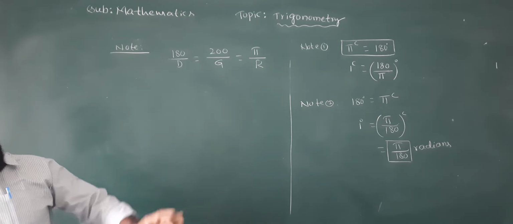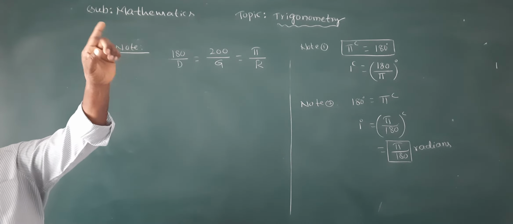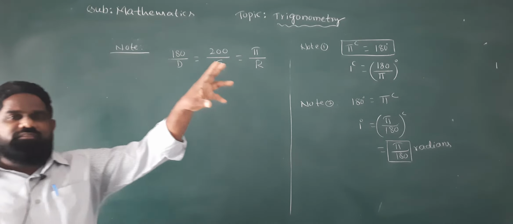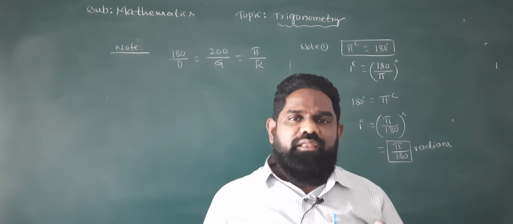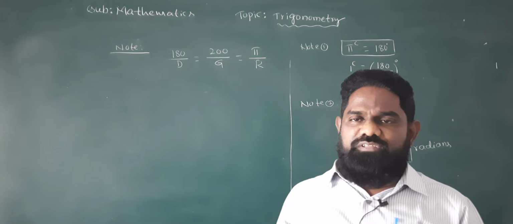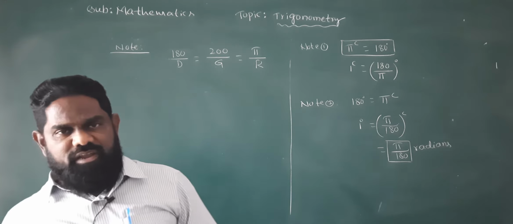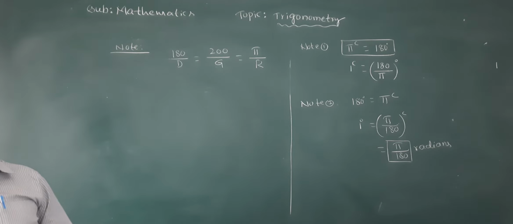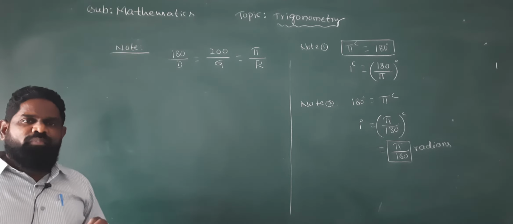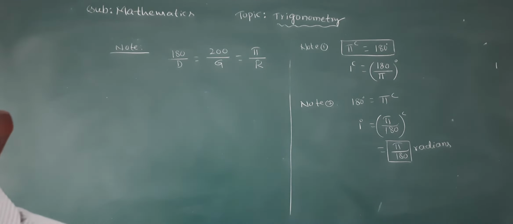Now D means degrees, G means grades, R means radians respectively. This relation is very useful to convert an angle from one system to another. Why? Because 180 degrees is the straight angle in degrees, 200 grades is the straight angle in grades, and pi radians is the straight angle in radians. All are equal because all represent the straight angle.